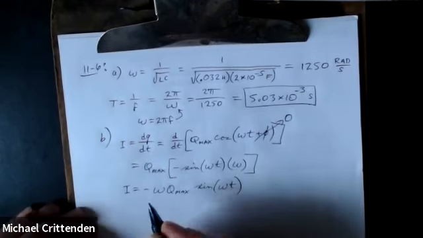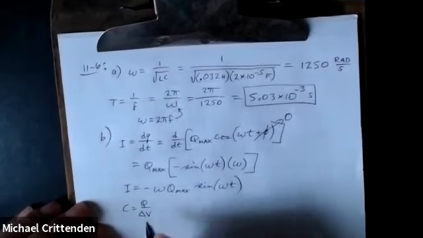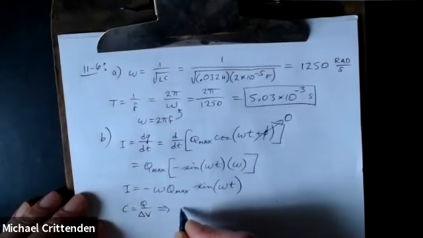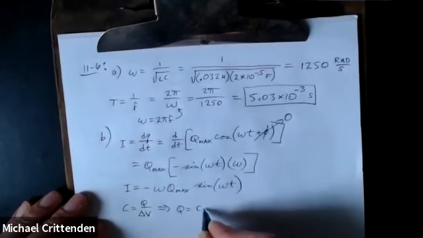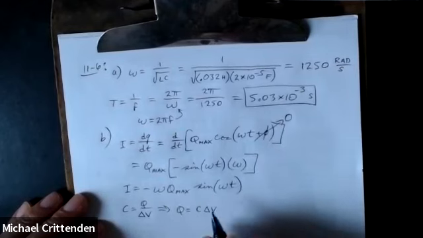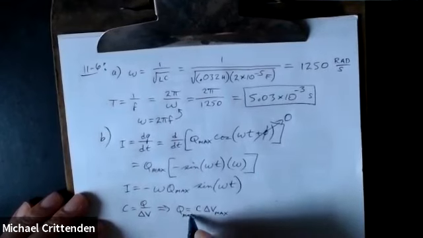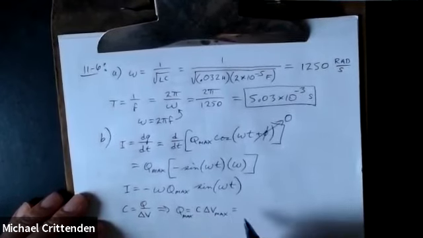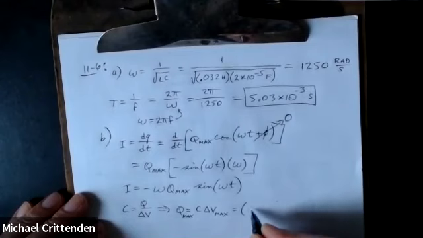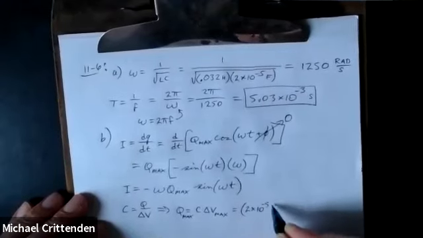Since C equals Q over delta V, Q equals C times delta V. In particular, maximum voltage corresponds to maximum charge, and the capacitance C is 2 times 10 to the negative 5th.